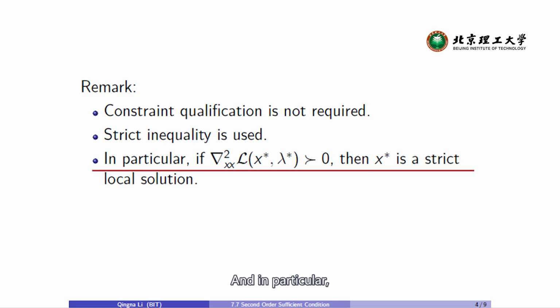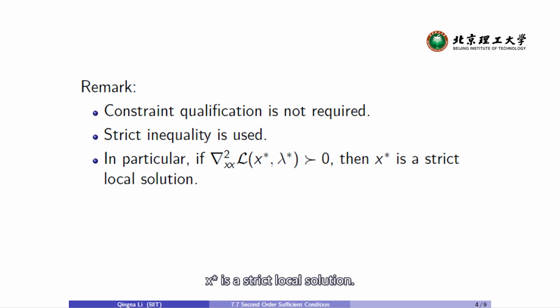In particular, if the Hessian matrix of the Lagrange function is positive definite, then of course x star is a strict local solution. This is a very special case of the second-order sufficient conditions.